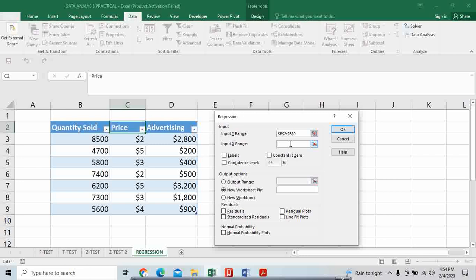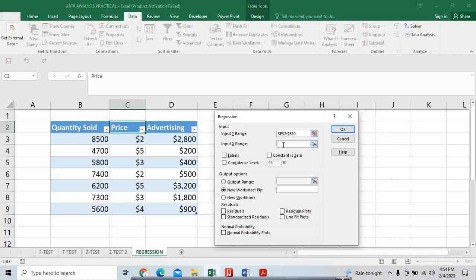Then where we are about to input the ranges, we are only having two boxes here. So are we going to run this separately, or are we going to combine something? To input the X range, remember I said that we only have 2 variables here. The first variable is the predictor, and the other one is the explanatory.